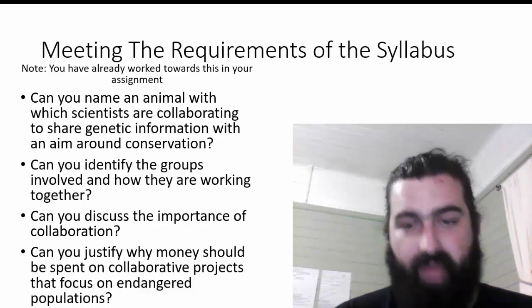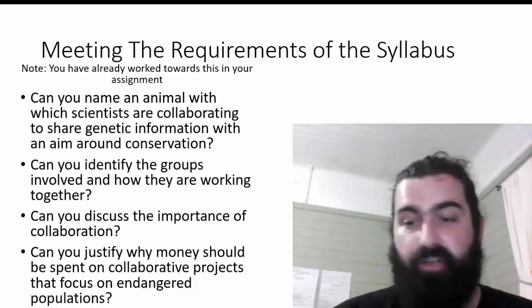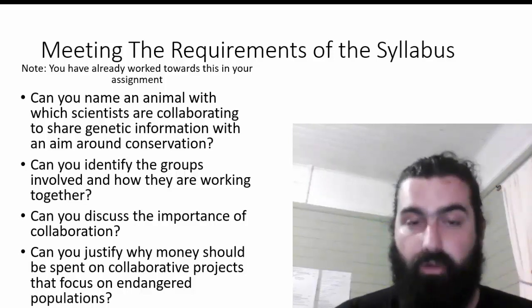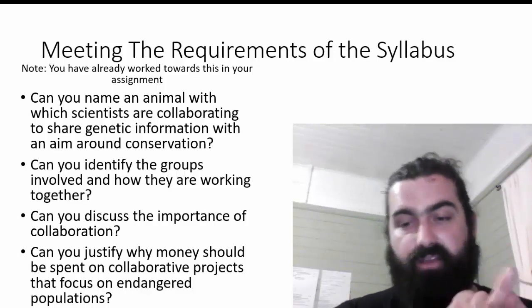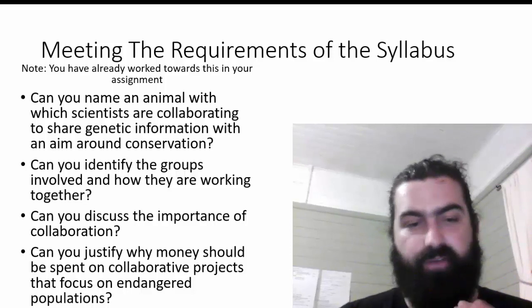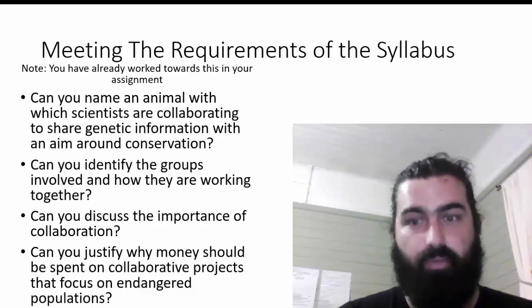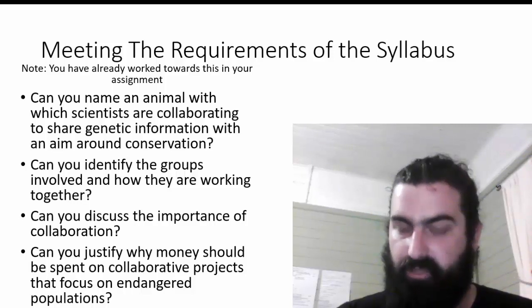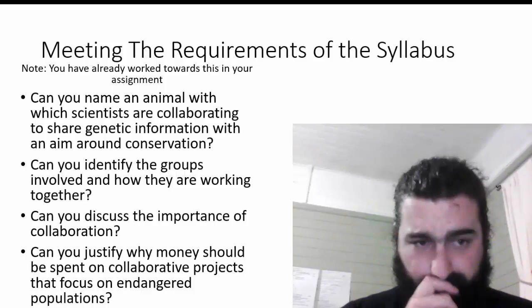And what you need to be able to talk about there is why conservation and the future of conservation is all about collaborating. It's all about incorporating genetics into your strategies for conservation, and it's all about, I guess, working smarter, not harder when it comes to conservation, because we haven't been very successful in the past.